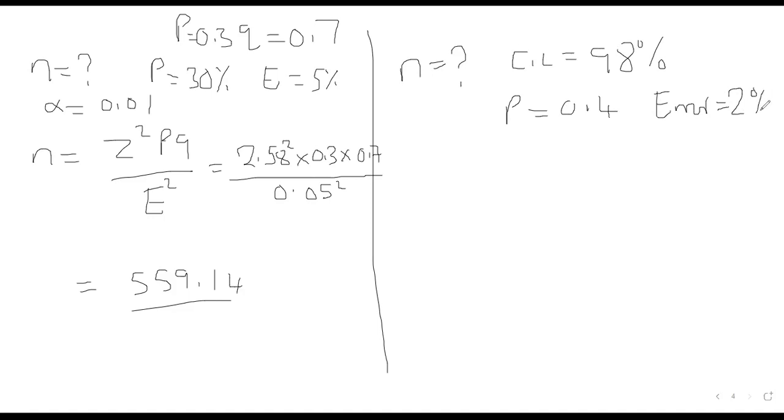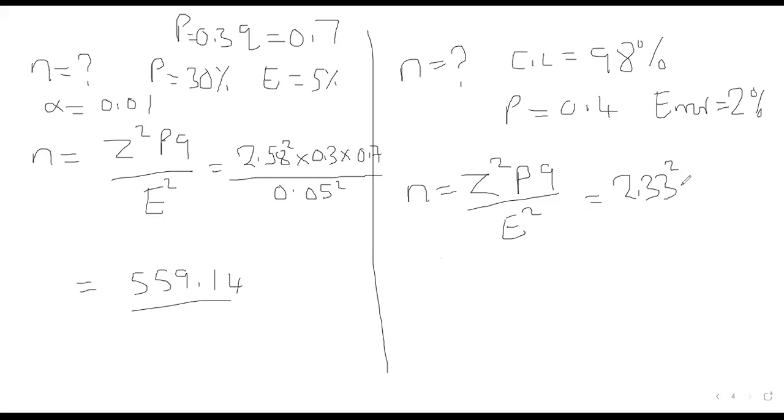What formula do we use? N is equal to Z squared PQ over what? E squared. What is our Z? 2.33. 2.33, correct.